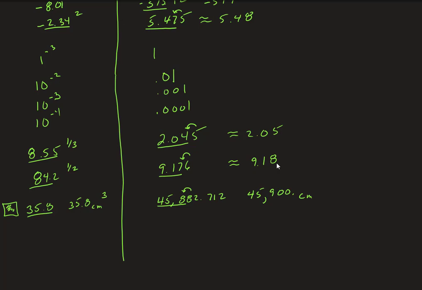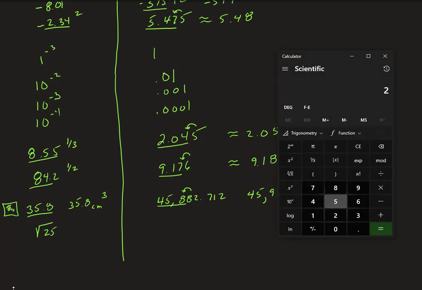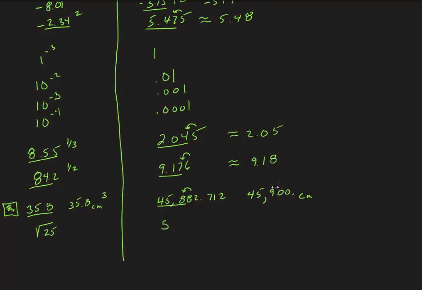How about roots? We could do a root. What is the square root of 25? I've got the square root on my calculator here. The square root of 25 is 5.